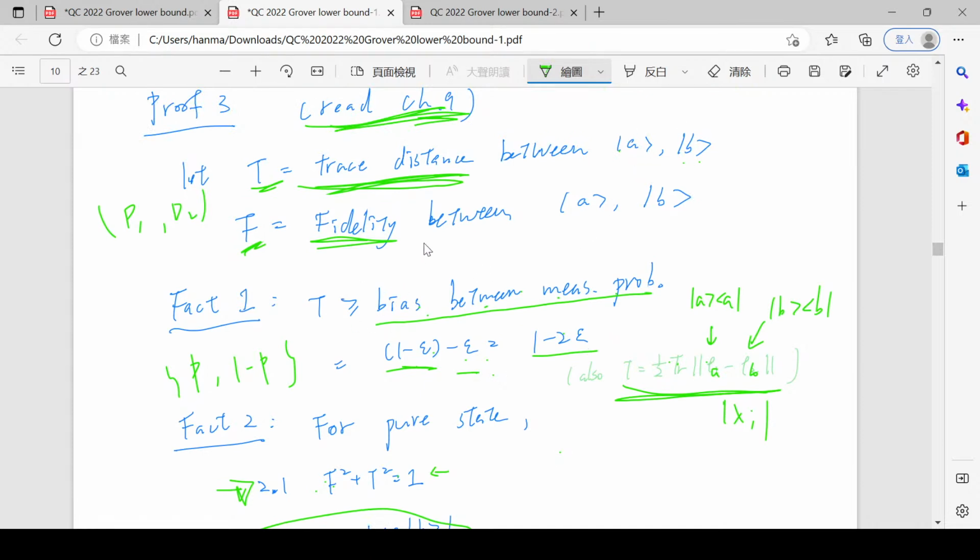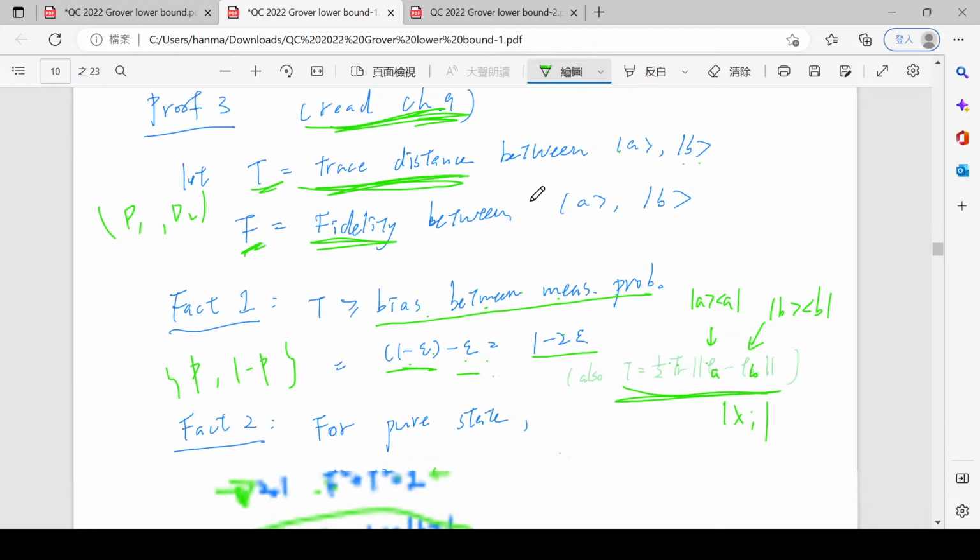That means if you do any measurement on those two states, for example a binary measurement, then its bias will be at most this trace distance T. We write bias in terms of our language: we do two measurements, and the acceptance probabilities will be 1 minus epsilon and epsilon. So the difference will be upper bounded by this T. T basically says what's the distinguishing probability between those two states.